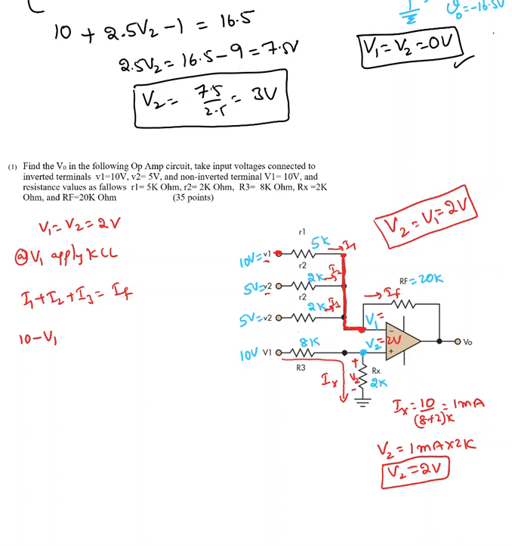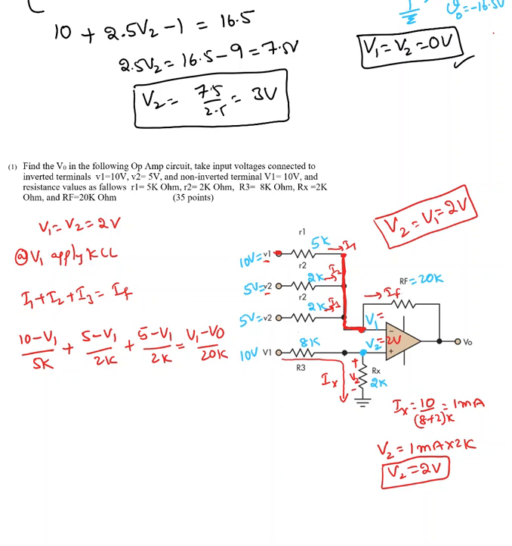Okay, so 10 minus V1 over 5k plus I2. I2 is 5 minus V1 over 2k plus 5 minus V1 over 2k equal to V1 minus V0 over 20k.